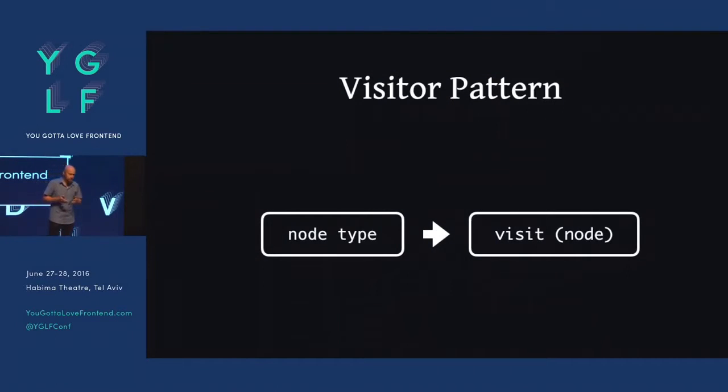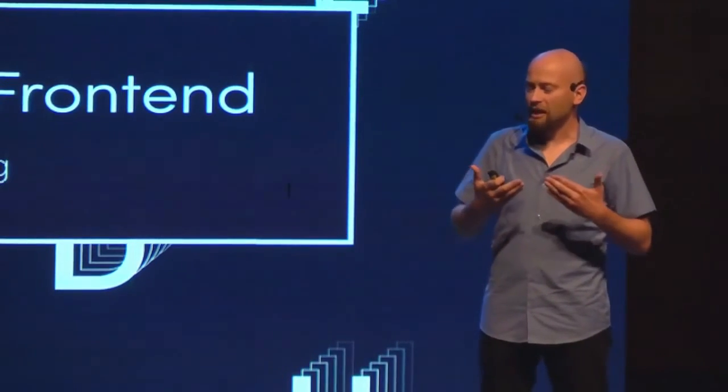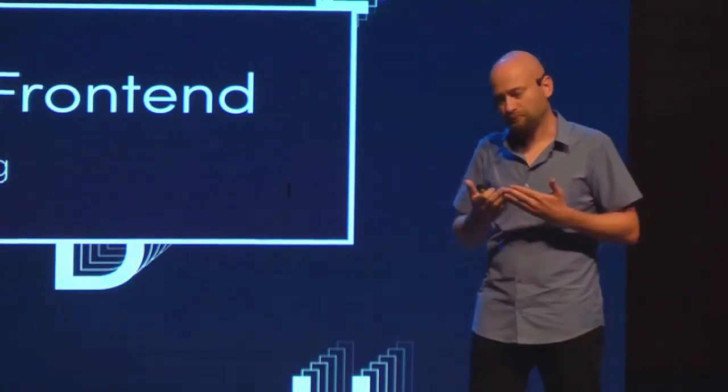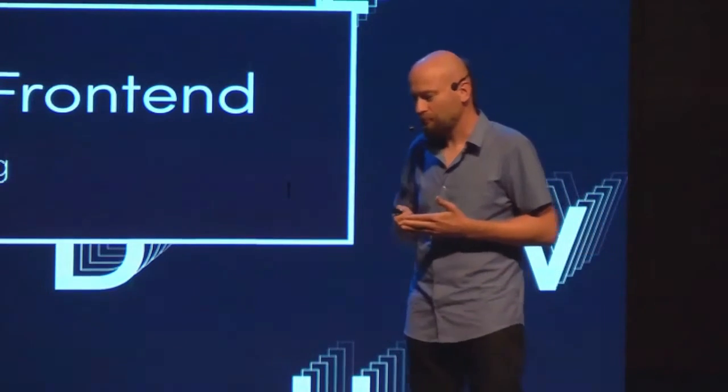The transformations are traditionally expressed in a visitor pattern. Simply speaking, a visitor has two parts. It has some kind of selector, something which declares what type of nodes we are interested in and want to transform. And the second part of a visitor is the actual visit function, which gets this original node and performs the actual transformation.